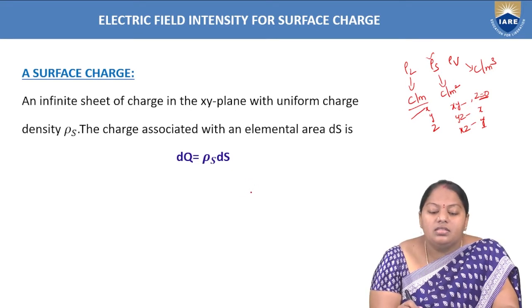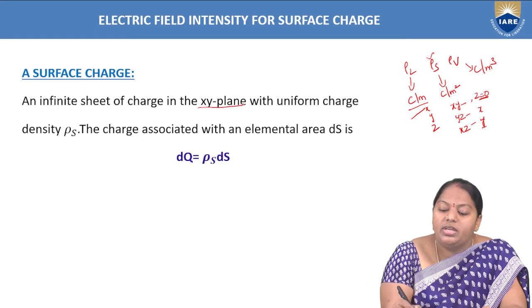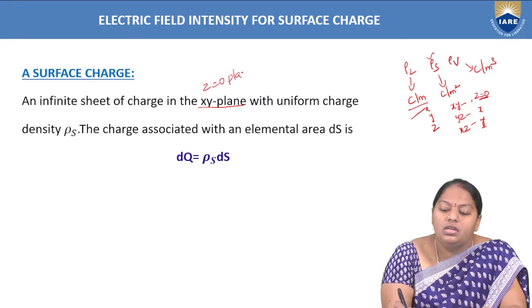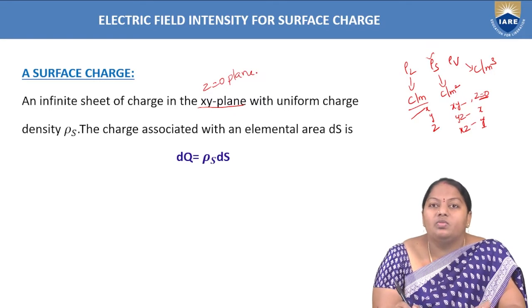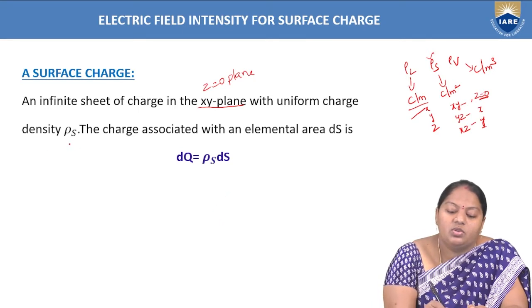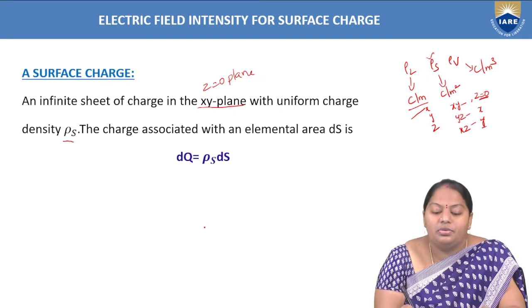Hence consider one infinite sheet of charge in the xy plane, also called the z equal to 0 plane, with a uniform charge density. Means throughout the plane the charge is uniformly distributed, hence we consider that charge density as rho s.